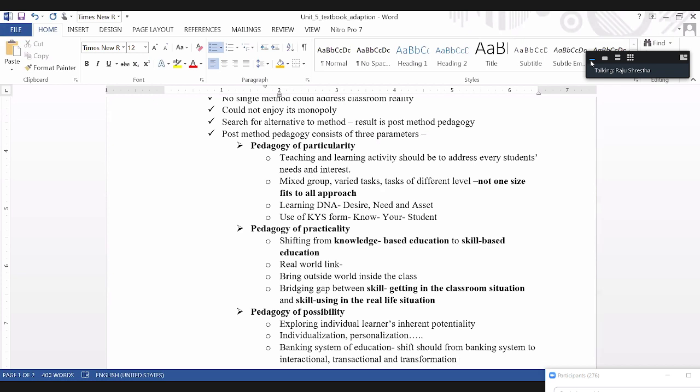Transact means there should be give and take. Students also have some potentialities, some experiences, and teacher also has. So both sides they share, they exchange ideas. So there should be transaction, give and take, dialogue should be there. And transformation is they have to what? Shift in their learning.